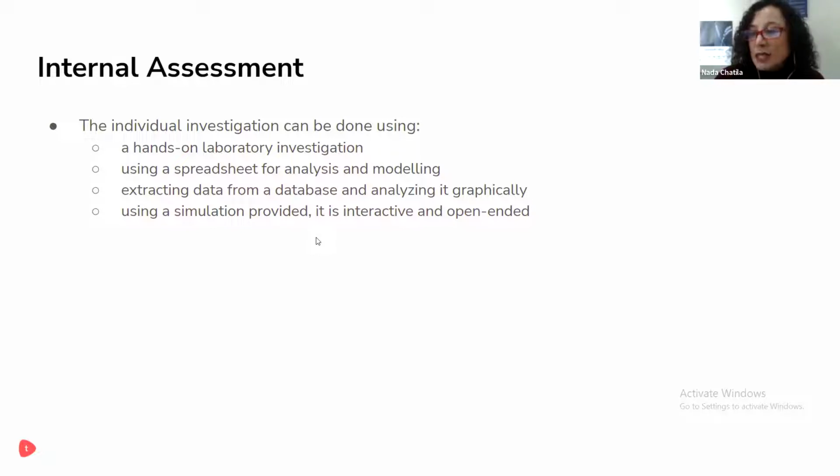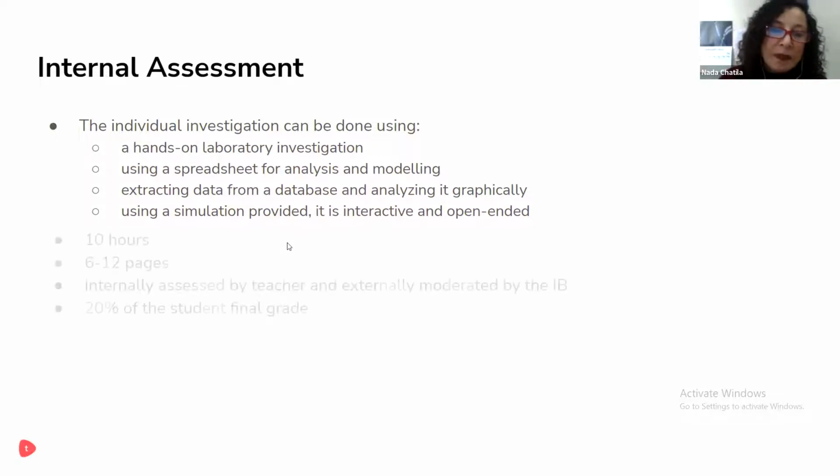The simulation needs to be interactive and open-ended, and allow for variance in the results. Another form is the database type of investigation. And the last one is the spreadsheet, using data from the hands-on laboratory investigation or from a database, and then using the spreadsheet to find a mathematical model for this data.